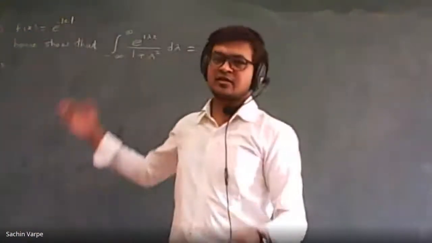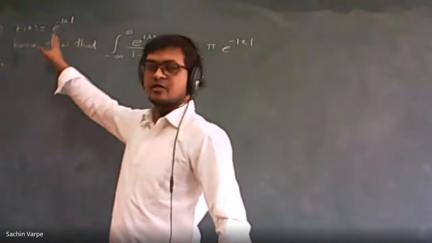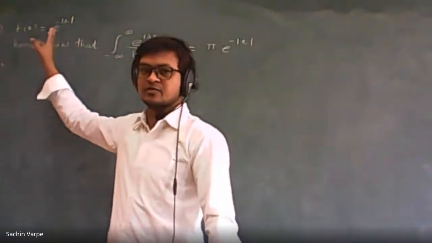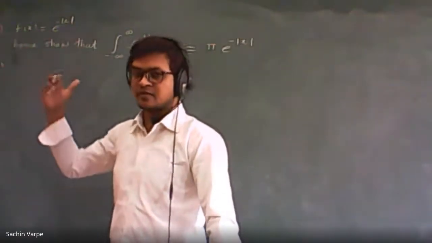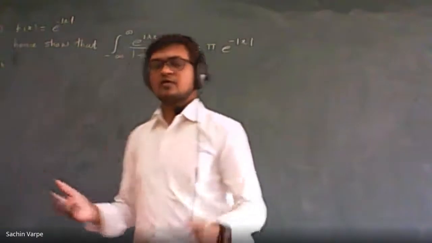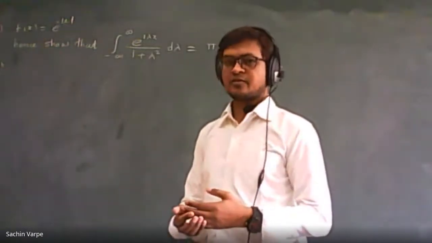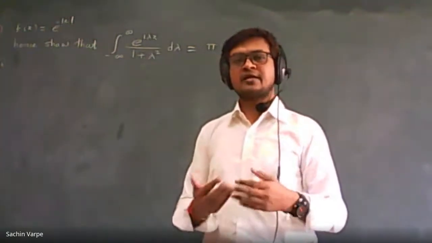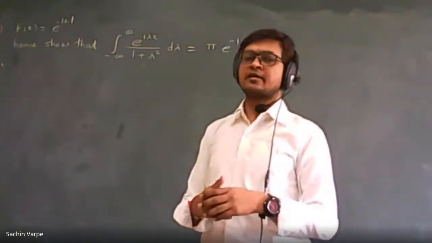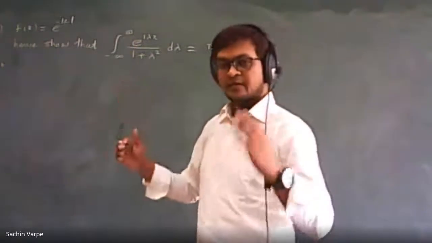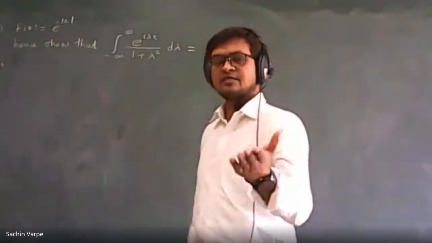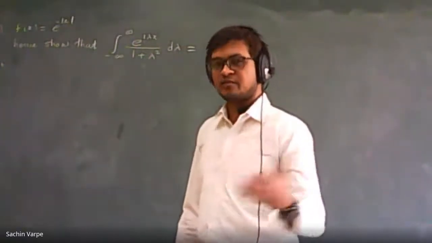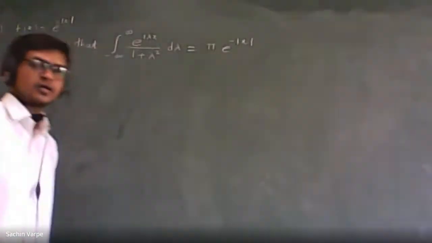Either we can check the nature of the function f of x equals e raised to minus mod x: if the function is even, we use the Fourier cosine transform and its integral; if the function is odd, we use the Fourier sine transform and its integral. Or, since we have been asked to find the Fourier transform, we can directly use the formula of the Fourier transform.